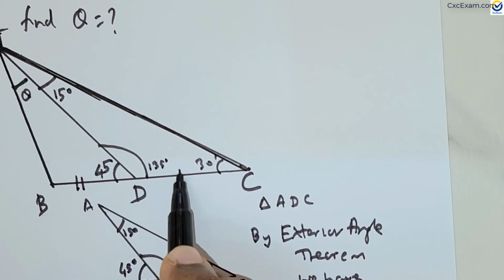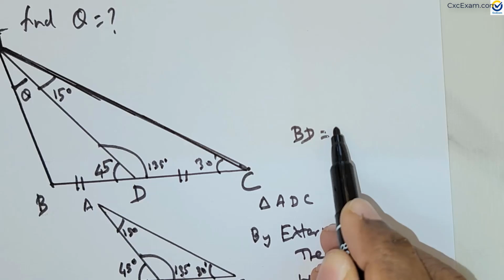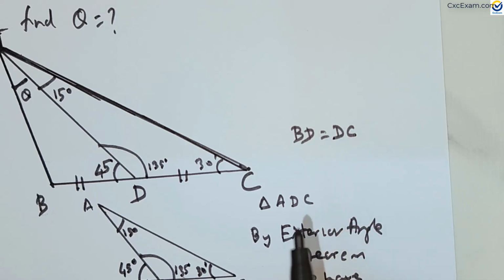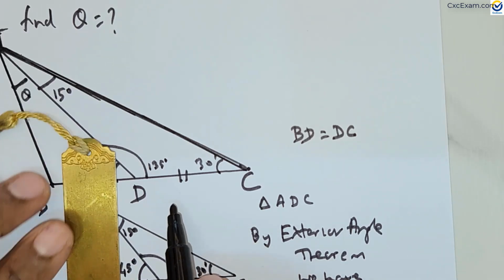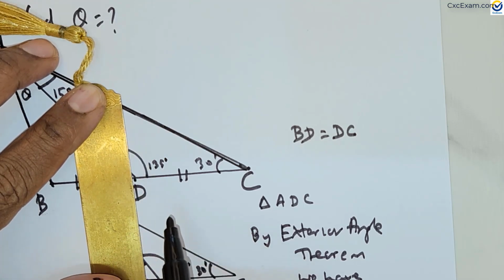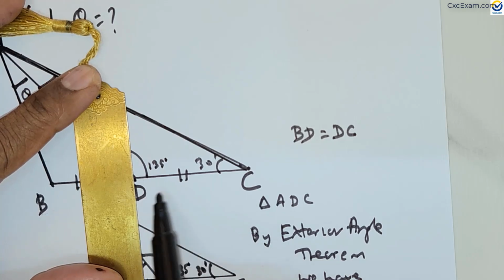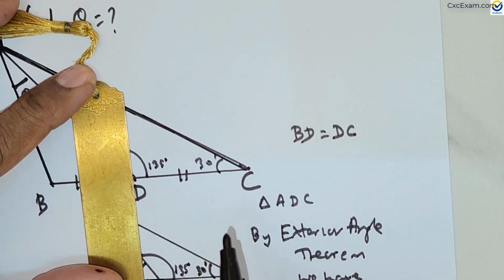Now there is one more information given in the question. These two sides are given to be equal. So BD is equal to DC. Next, from D, I would like to drop a line so that it is of the same length as DC.